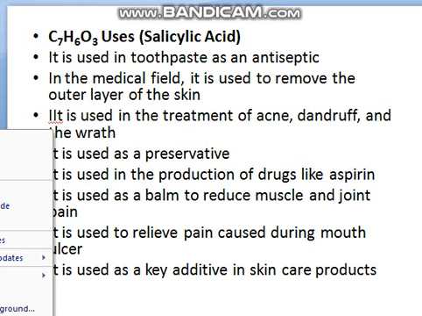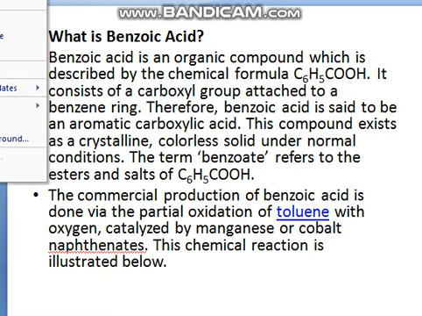Next is benzoic acid. Benzoic acid is an organic compound described by the chemical formula C6H5COOH, meaning a carboxylic group is attached. It consists of a carboxylic group attached to a benzene ring. Therefore, benzoic acid is said to be an aromatic carboxylic acid.